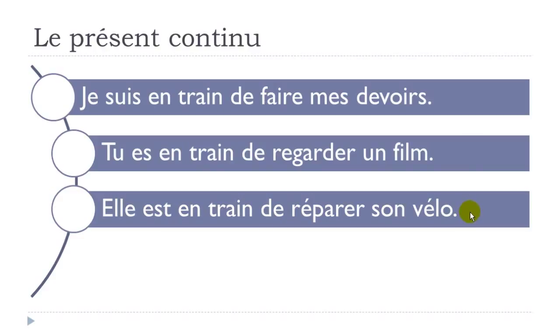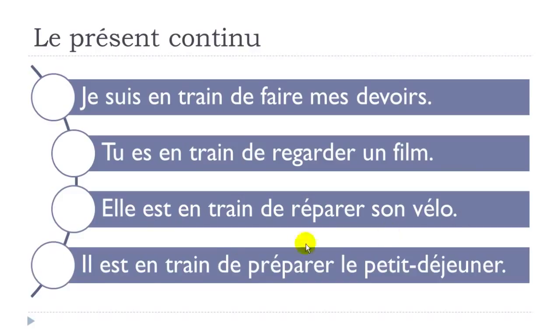All right, so same thing, it's continuing, it's taking place at the time when you are talking. And the last one, il est en train de préparer le petit déjeuner. Préparer, to prepare, le petit déjeuner, breakfast. Okay, so il est en train de préparer le petit déjeuner. Okay, so at the time when we are talking, he's doing it right now, and the process is continuing.